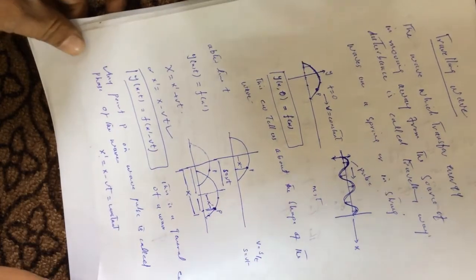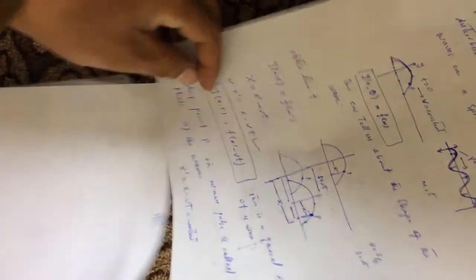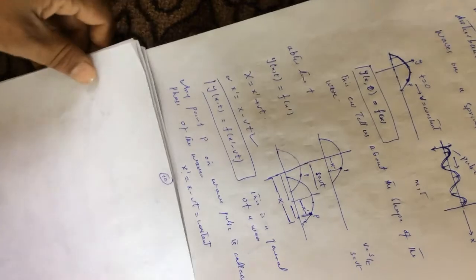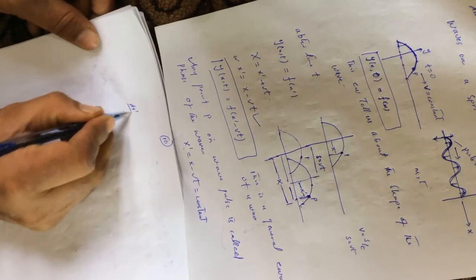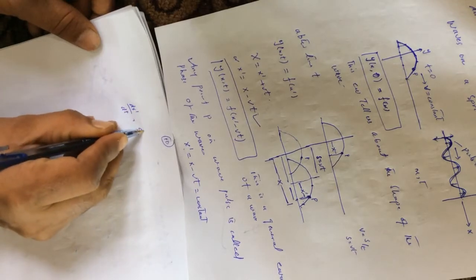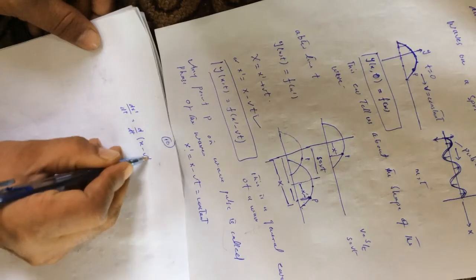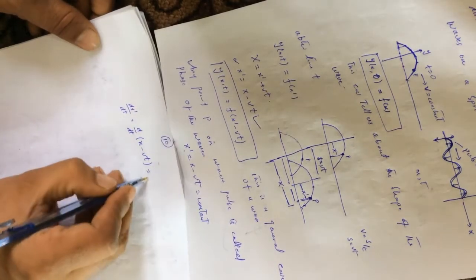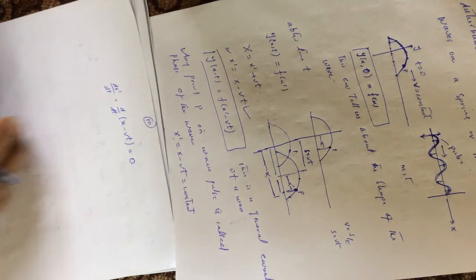Once it becomes constant, if we differentiate with respect to time, we get dx prime over dt equal to d over dt of (x minus vt), which is equal to constant, so which is equal to 0 because the derivative of a constant is 0.